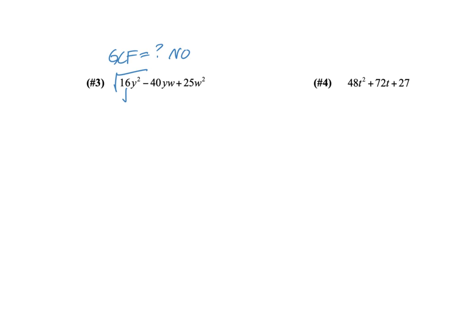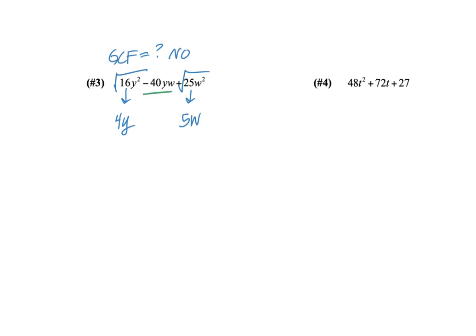Is my first term a perfect square? Yes, it is. Square root of 16y squared is 4y. Okay, is my last term a perfect square? Square root of 25w squared is 5w. Okay, then I need to check my middle term.